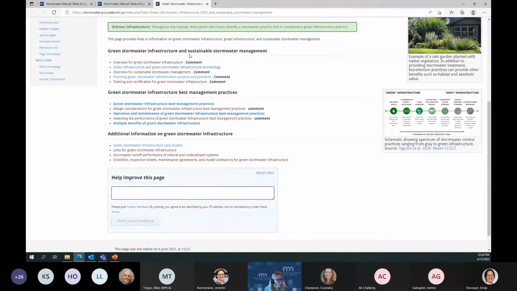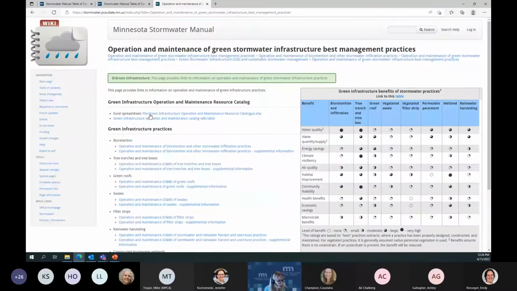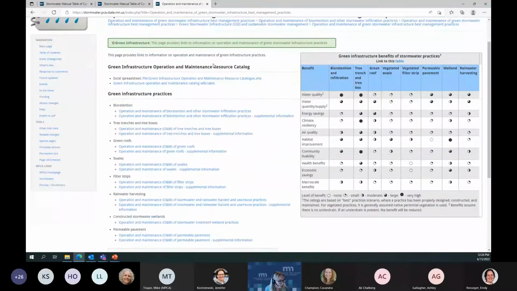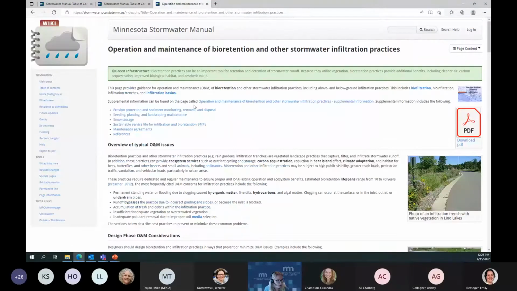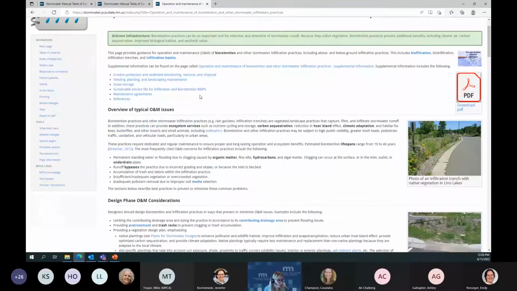So we have green stormwater infrastructure and sustainable stormwater management, green stormwater infrastructure best management practices. And under this header, you can find the operations and maintenance of green stormwater infrastructure. So I'm going to open that. And once you're on this page, it dives into 8 individual green infrastructure practices, and each one of them goes into depth of what O&M looks like for different phases in the process.